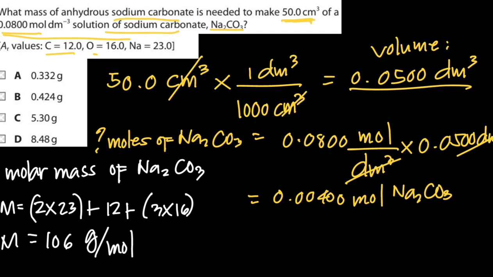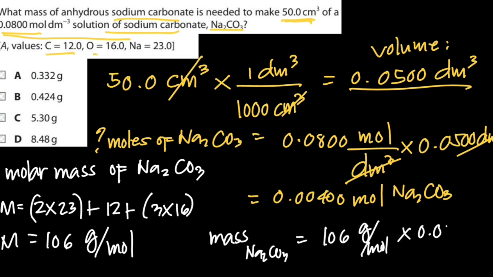And now we can calculate the mass of sodium carbonate. So mass of sodium carbonate is just 106 grams per mole times 0.0040 mole sodium carbonate.